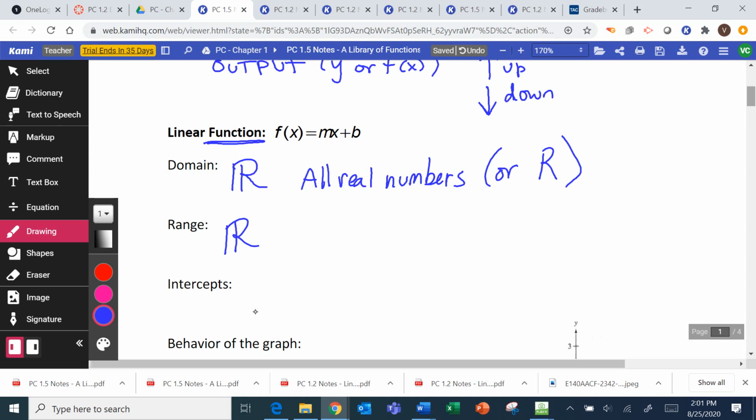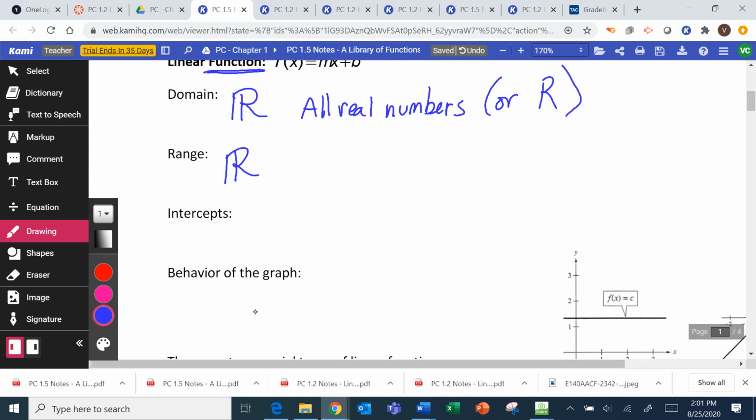The intercepts: we've got a y-intercept at (0, b). And the x-intercept really depends on what the equation is like, but I'll just put (a, 0) for the x-intercept. I could label these x-intercept, y-intercept.